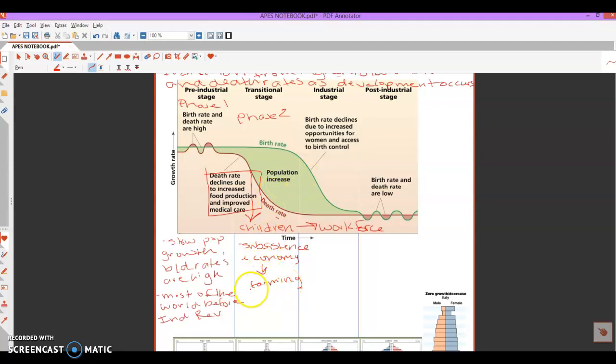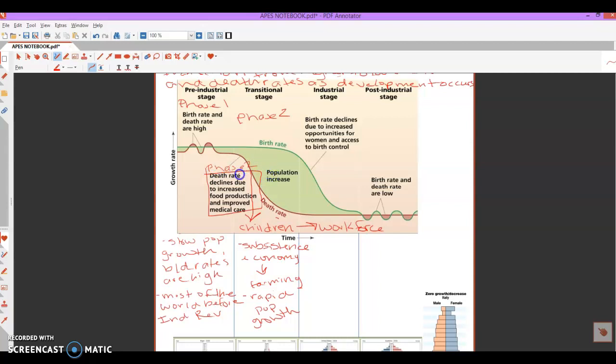So right here, obviously because our birth rates are high, our death rate is low, we are going to have rapid population growth. So rapid population growth. Okay? Also, please keep in mind that this right here is referring to phase 2, transitional phase.